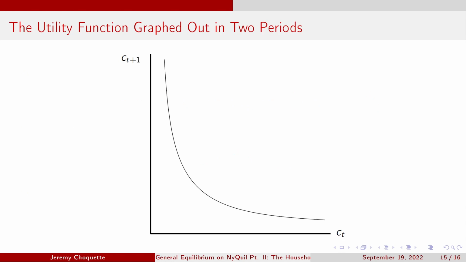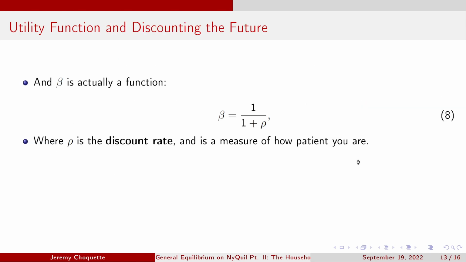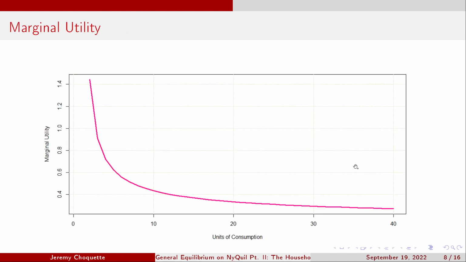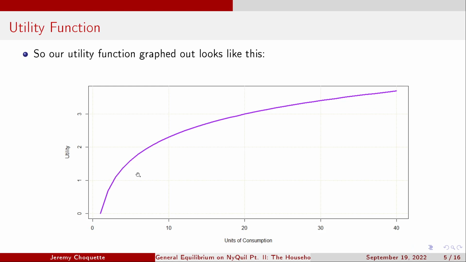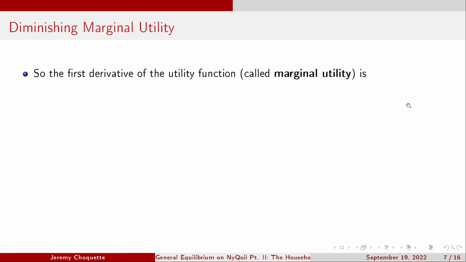Now, I've showed you this in the last video, but again, we can look at it. This is what the utility function would look like if it's graphed out in 2 periods. So this isn't the utility function over multiple units of consumption, where we're just looking at how the utility function changes with respect to adding or taking away various units of consumption.